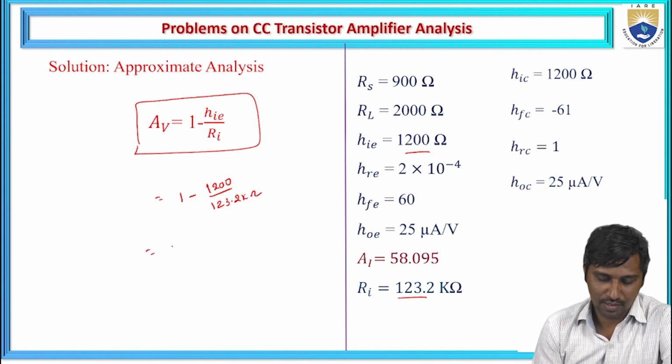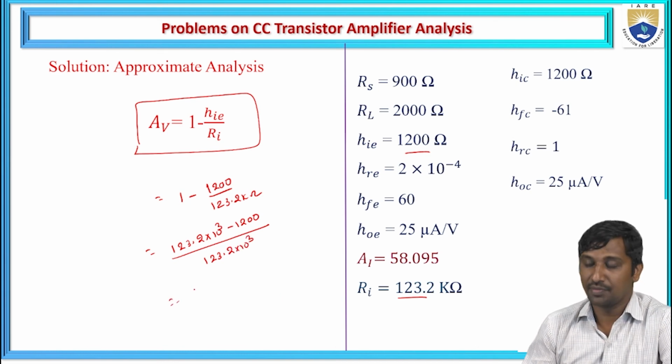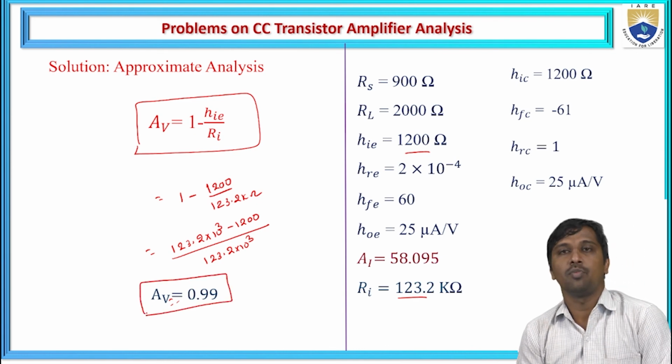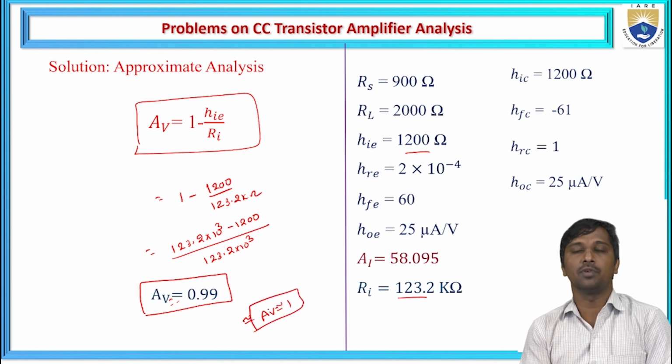So this is 1 minus 1200 divided by 123.2 into 10 power 3. After this simplification, we observe the voltage gain is 0.99, that is approximately equal to 1.